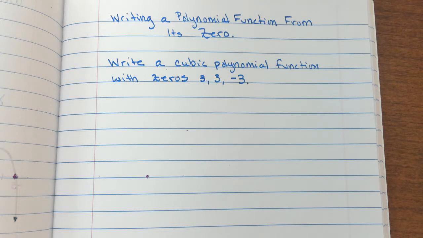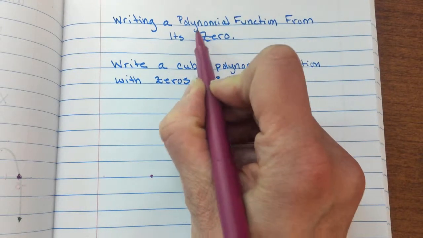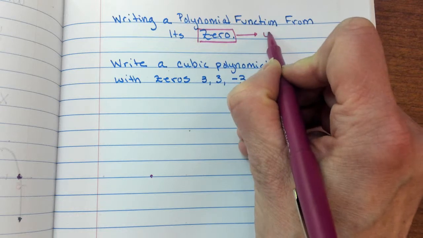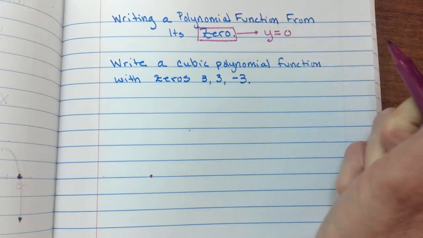In this video, we are going to figure out what the polynomial function is and also sketch its graph given the zeros. So again, we need to remember that the word zero is a nickname for where y equals 0.